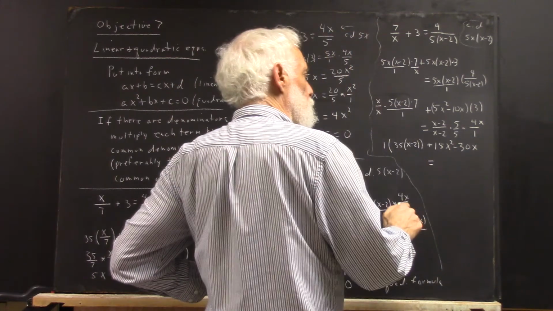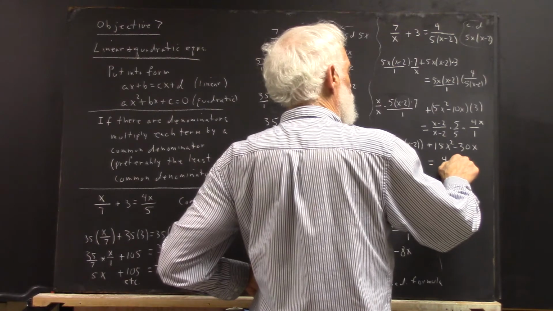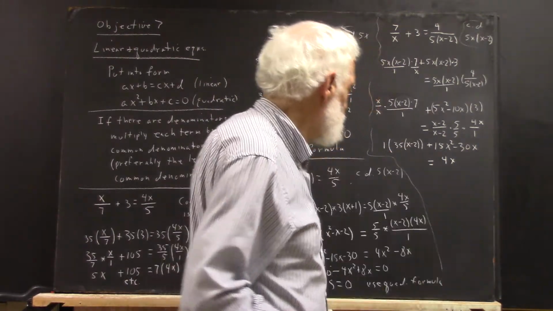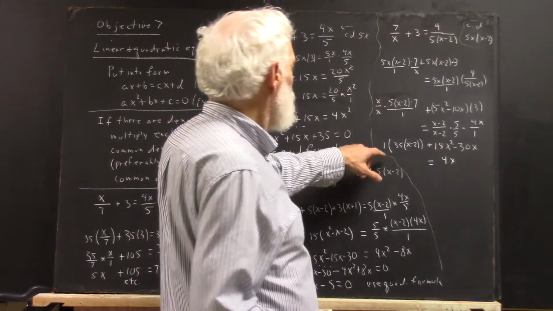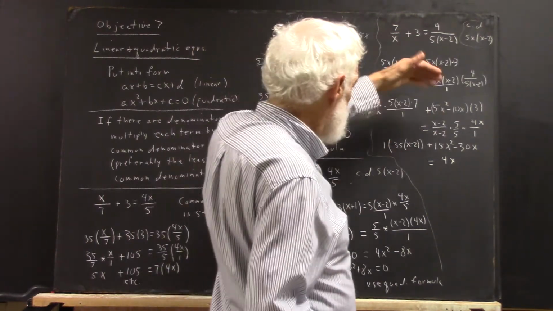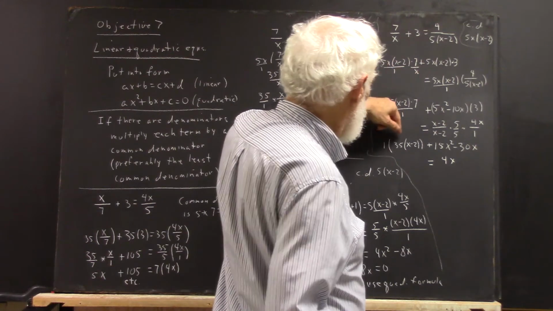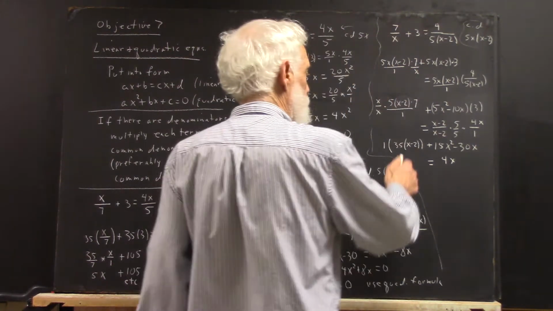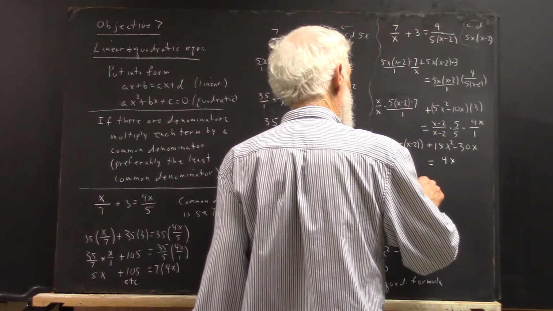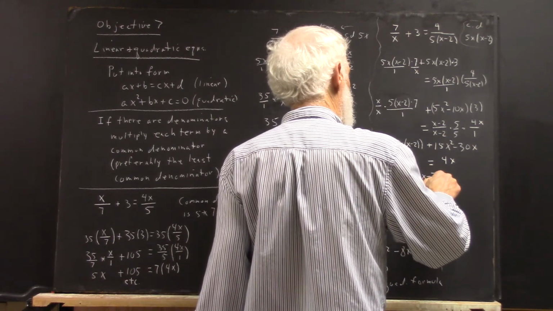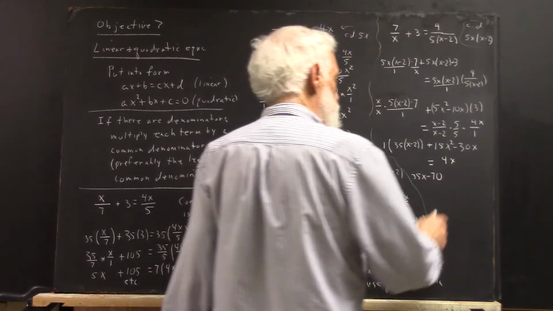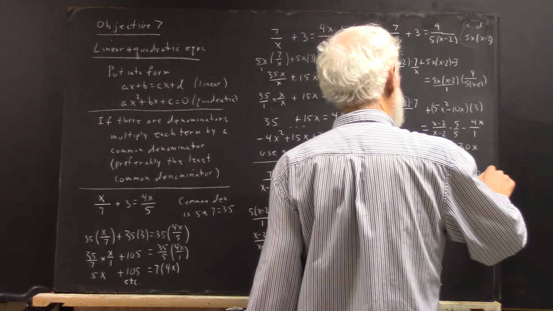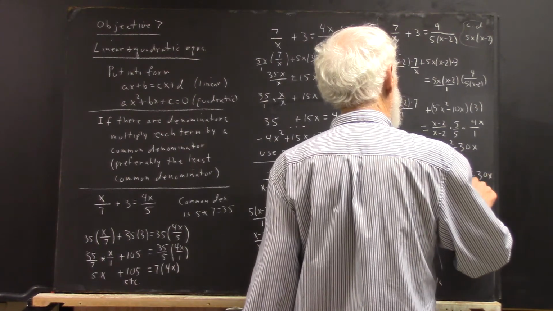And that's equal to 4x. Getting a little shorter, which is good because we get a little less room here. Okay, well, 1 is multiplied by all the rest of this. We can ignore it. We have 35x minus 70 if we multiply this one out. And then we have plus 15x squared minus 30x equals 4x.